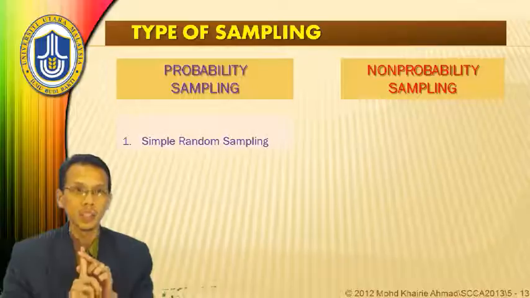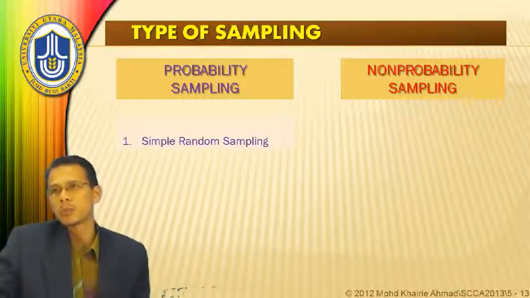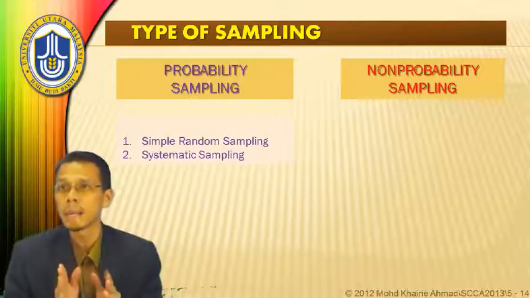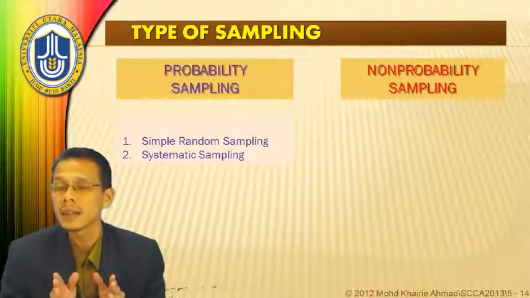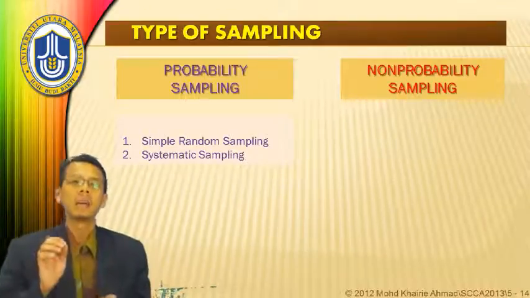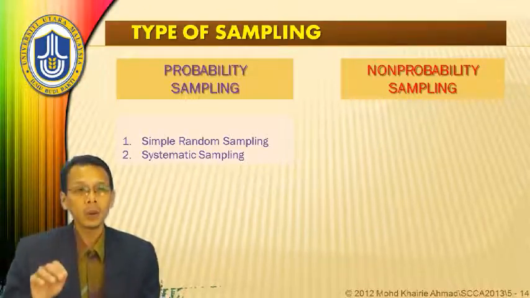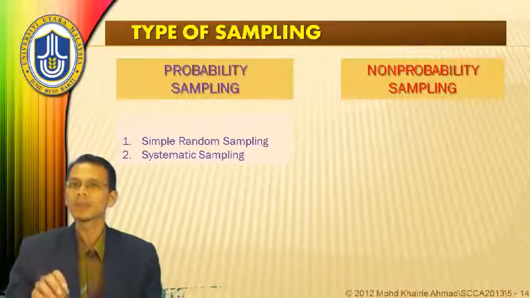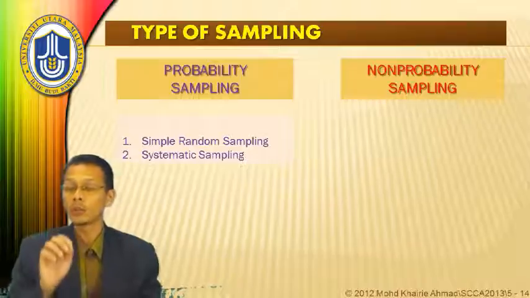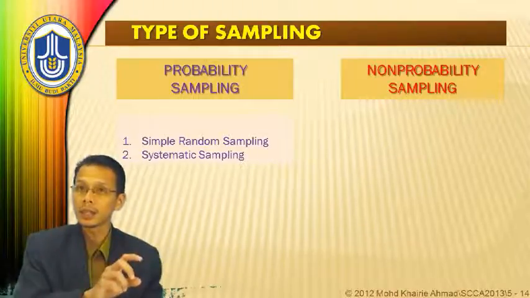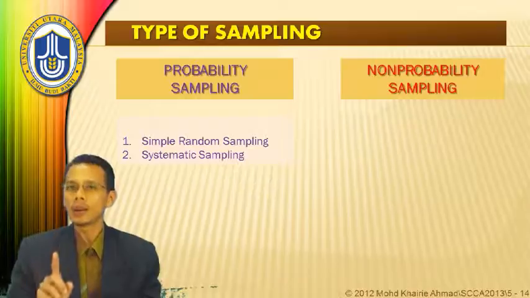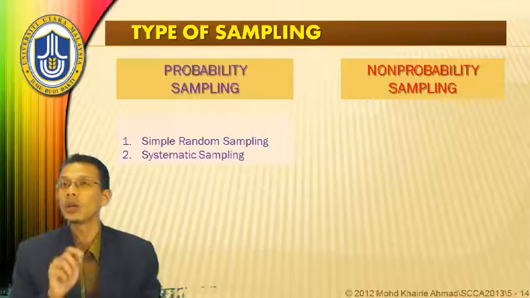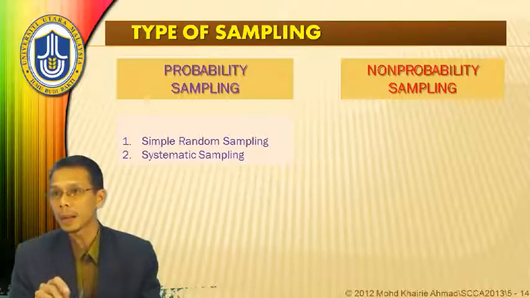That's the first one, simple random sampling. Now, let's move to the second type of probability sampling, which is systematic sampling. Systematic sampling is a process of choosing a person or individual from the population as a sample with certain criteria.